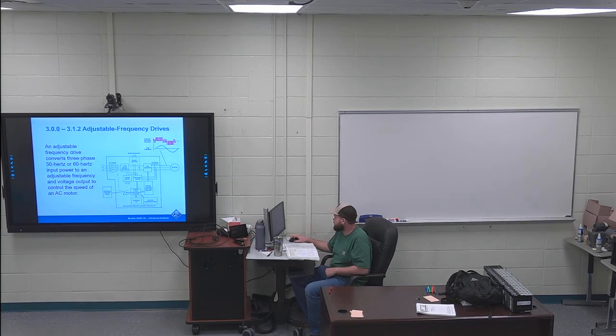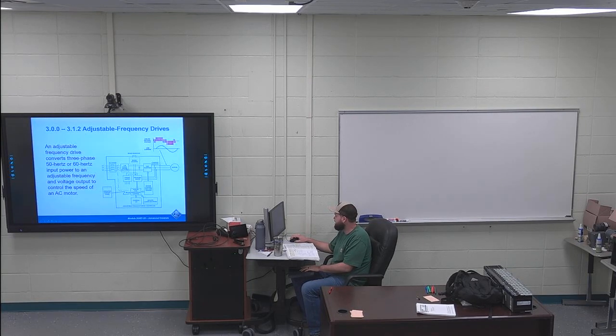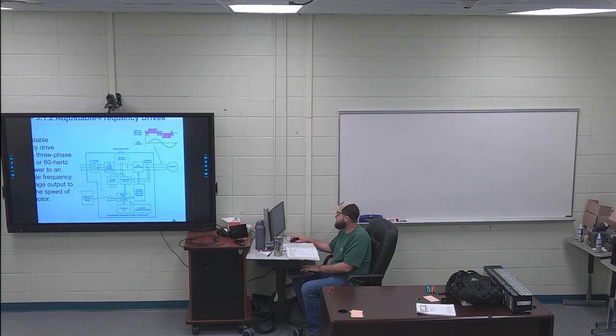Just looking through figure 20 on the board, essentially what you have is AC coming in. You create DC with the diode bridge rectifier, and then you have all kinds of control that's going to take DC, and you're going to switch the power on and off to create a fake AC sine wave with DC.